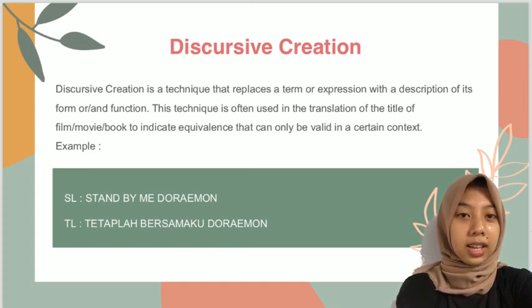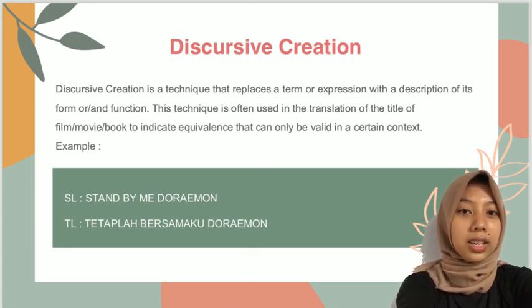The translator translates the title of the movie Stand By Me into Tetaplah Bersamaku to indicate the equivalent that is totally unpredictable out of context. If the title in the source language were translated literally or lexically based on the dictionary, the translation would surely be different from the meaning intended by the translator.